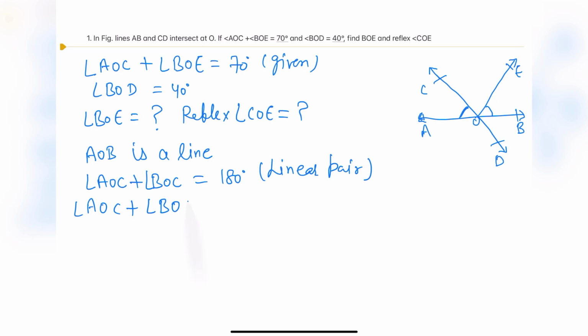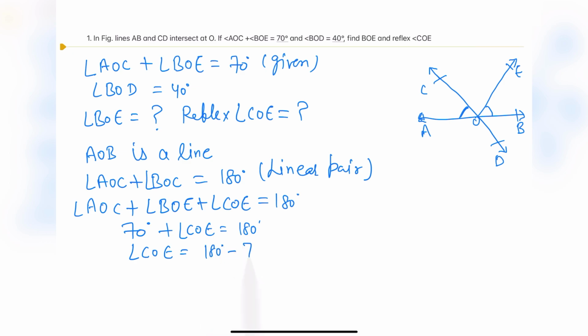So BOC can be broken into BOE plus angle COE is equal to 180 degrees. As AOC plus BOE is 70 degrees given, so 70 plus angle COE is equal to 180 degrees. So it means angle COE is equal to 180 degrees minus 70 degrees, which is 110 degrees.